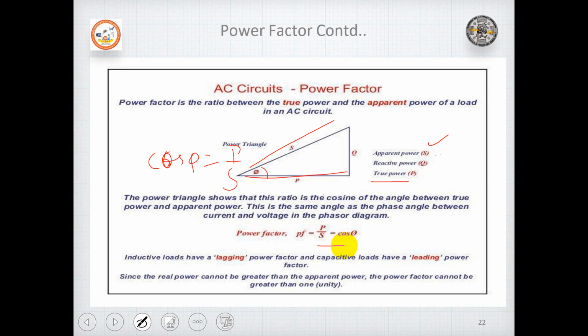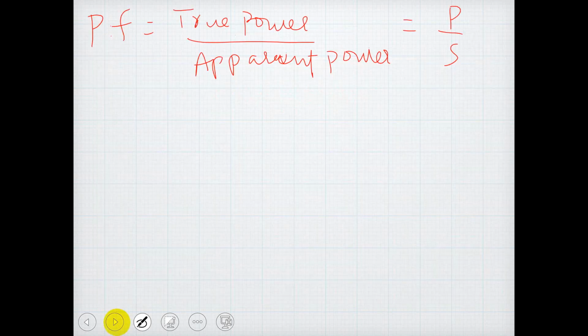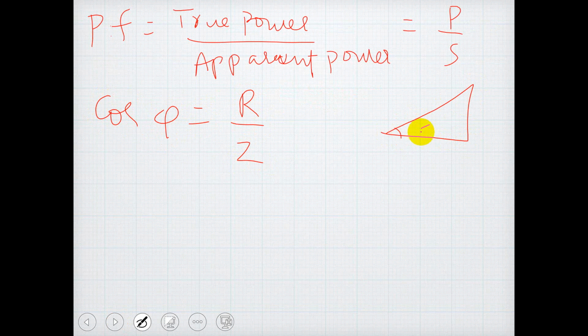Here phi is the angle between V and I. So cos phi can also be defined as cos phi is equal to R by Z. If you take an impedance triangle, this can be R, this can be X, and this can be Z. In that case, cos phi is nothing but R by Z. This is also one way we can define the power factor.